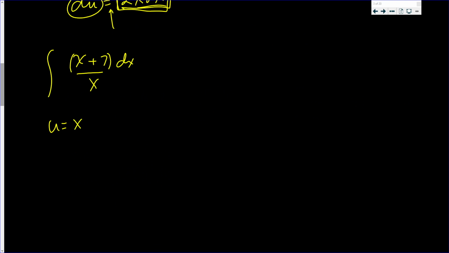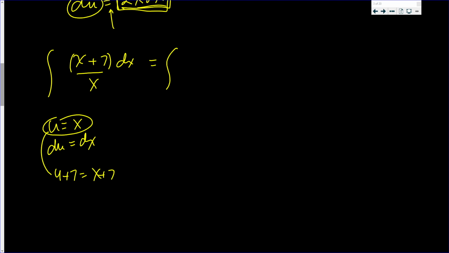I let the bottom be u, so x is u, and then du is dx, and adding 7 to both sides, u plus 7 is x plus 7. So the top, x plus 7, is u plus 7. The dx is du, and the bottom is just u.